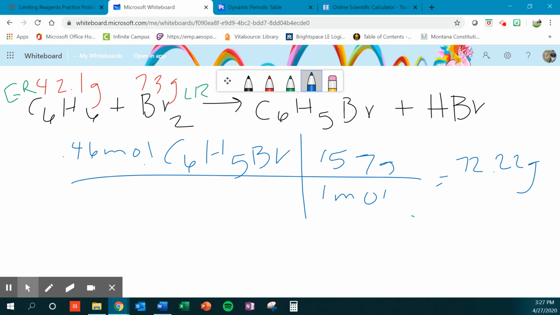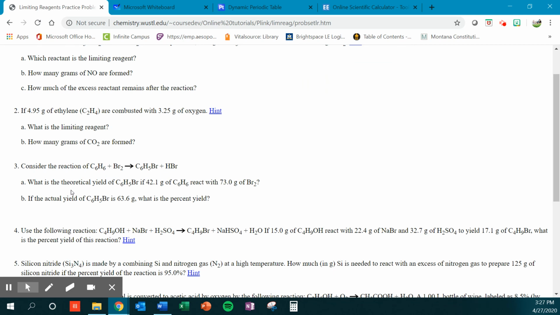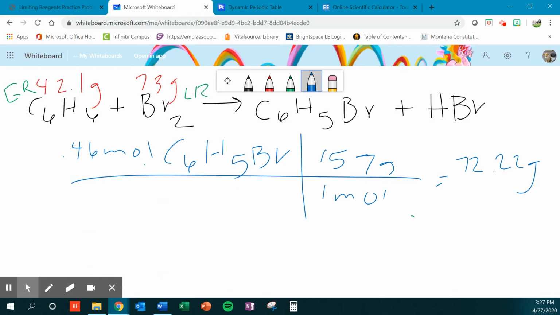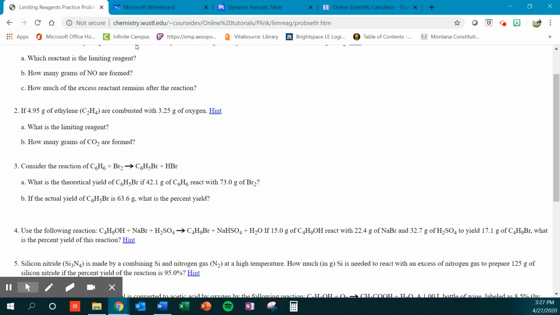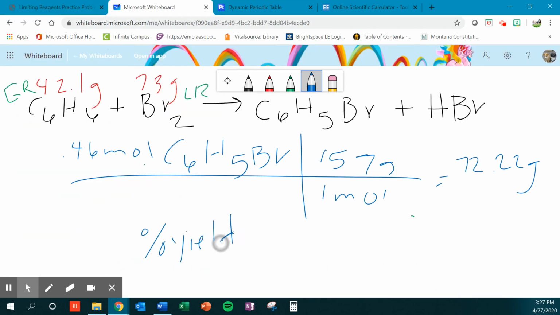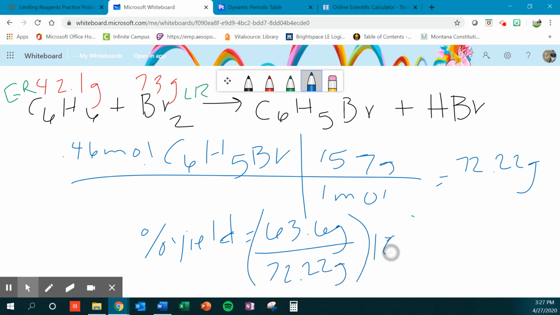C6H5Br. But we know that a perfect world isn't always going to happen. And so they then tell us what the actual yield was, like in the lab, and it's 63.6. So in order to find percent yield, you always take the actual, which was 63.6, divided by the theoretical, times 100 to get a percentage.